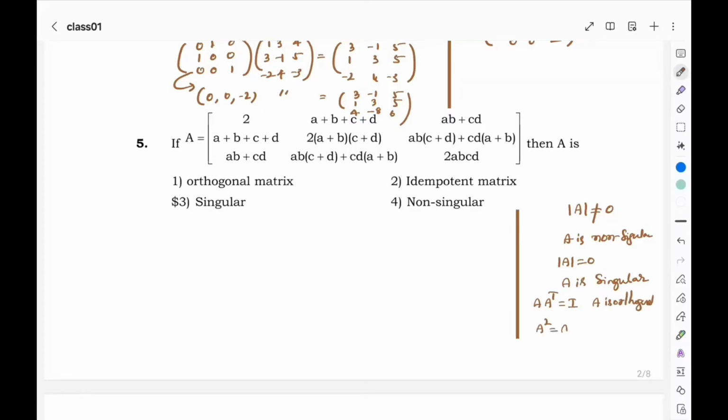Idempotent means A square is A. We say A is idempotent. Now, what kind of matrix is it? If you carefully observe, here A plus B, here AB plus CD.